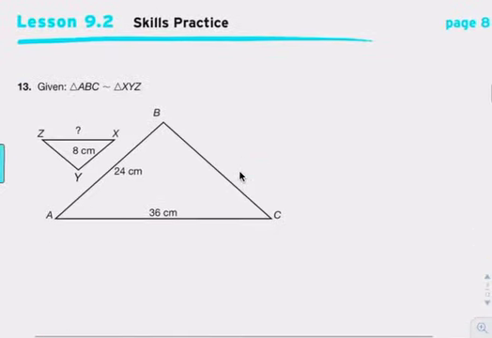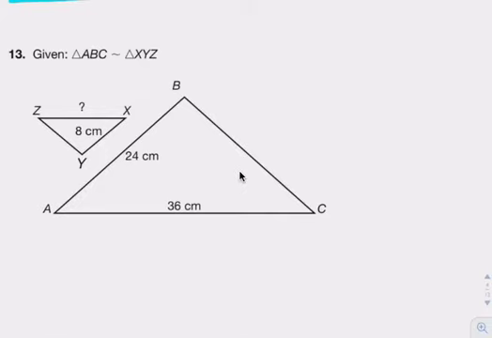Okay, let's look at this one. If you can't tell which is which, okay, let's know. XY corresponds to AB. Okay, or XY corresponds to AB. Okay, AB corresponds to XY.